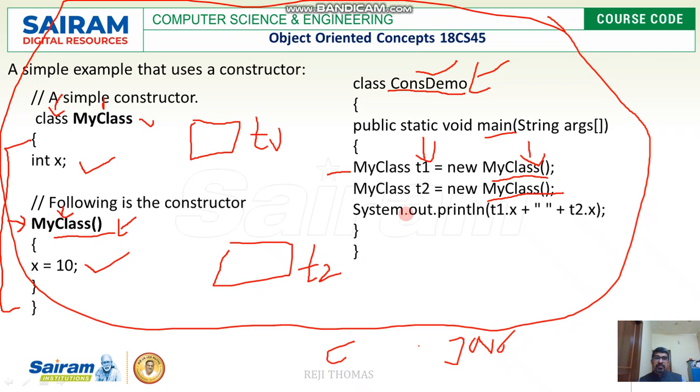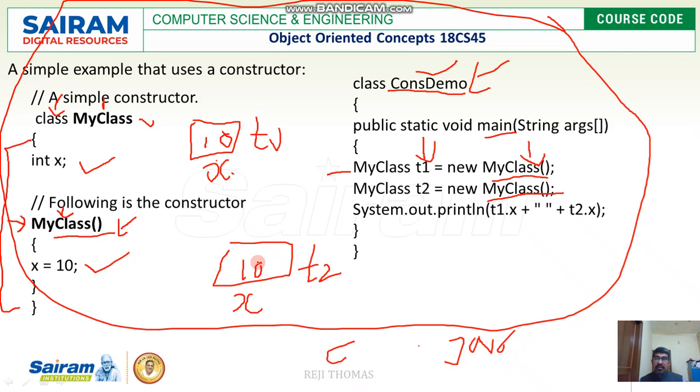When I created t1, what happens? x takes a value 10. So this is my x, which is t1.x, which is 10. And for the second object, t2, there also I'm going to initialize the value, which is going to be 10.